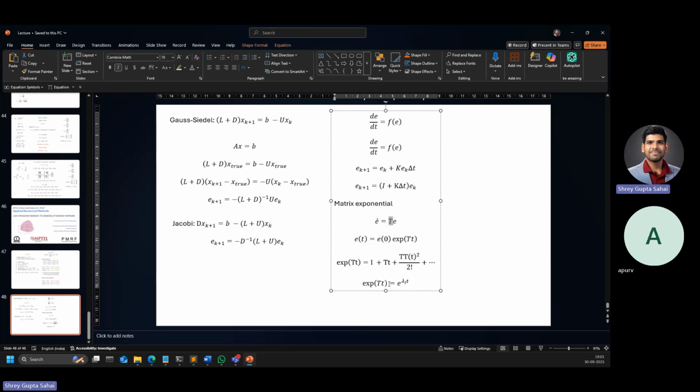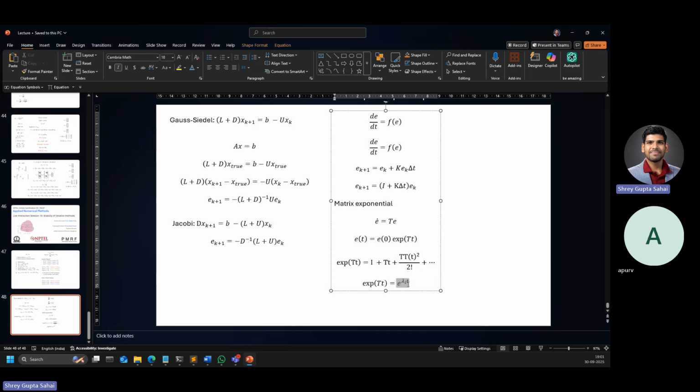So E dot equals TE, the eigenvalues of your resulting solution will always be positive. If your lambda I is negative, then e to the power lambda will still be positive. It can be very close to zero, or very high, but it will be positive.